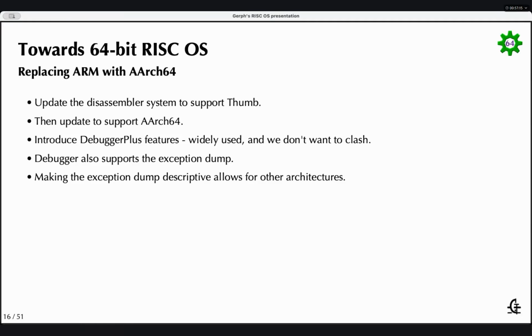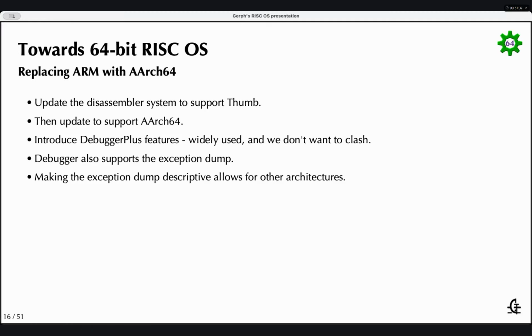So I started replacing parts of the disassembler system, and that allowed disassemble thumb to work. And then because I'd done all the work on that, adding ARC64 disassembly was easy. And we gained a new SWI, disassemble ARC, which then allows you to disassemble any architecture.